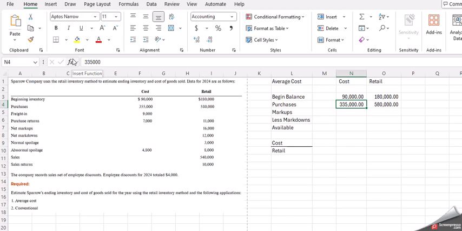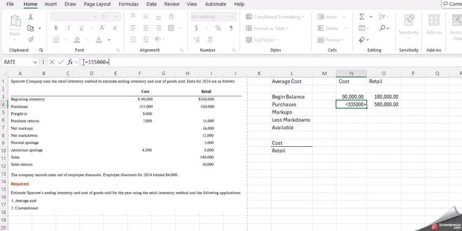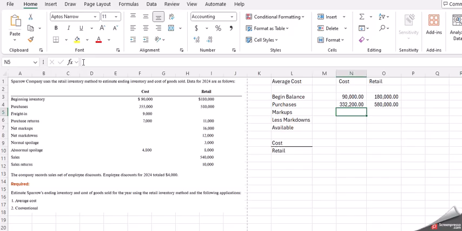So purchases plus our freight. And the freight is 9,000. Purchase returns would reduce it by 7,000. And then the abnormal spoilage would also reduce it. So that would be our purchases.